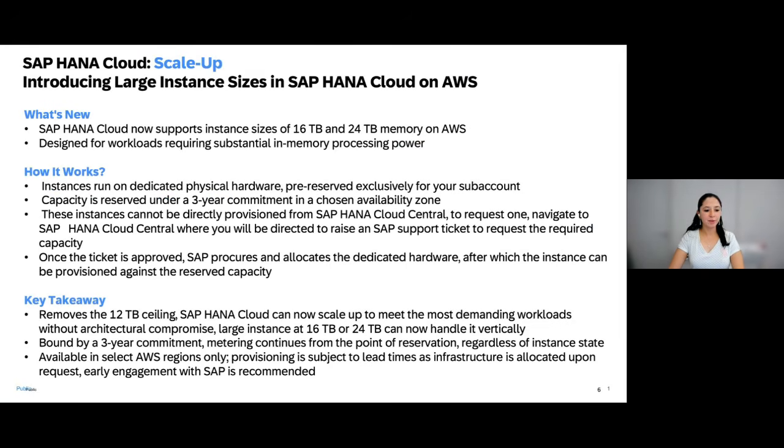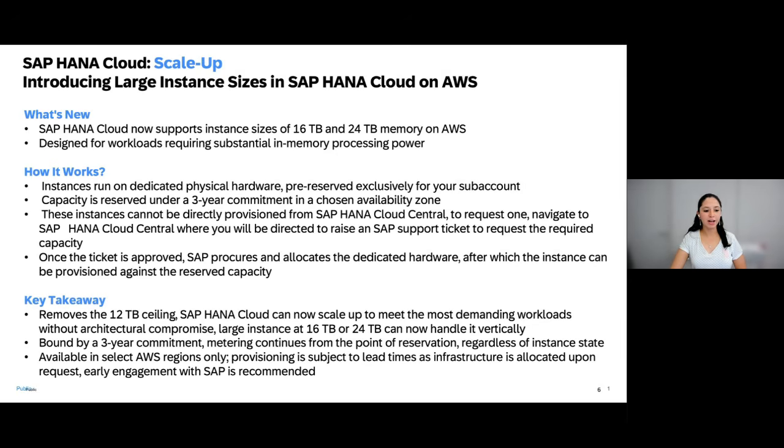First, we have a look at a major scale-up capability for SAP HANA Cloud, the introduction of large instance sizes on Amazon Web Services. With this release, SAP HANA Cloud now supports instance sizes of 16 terabytes and 24 terabytes of memory on Amazon Web Services. This is an important step for customers running very large business-critical workloads that require substantial in-memory processing power.